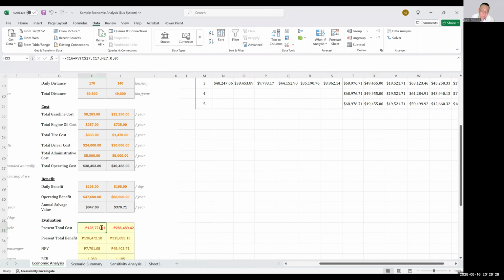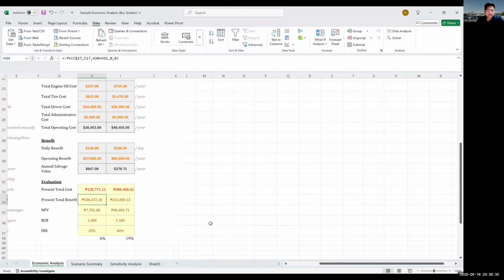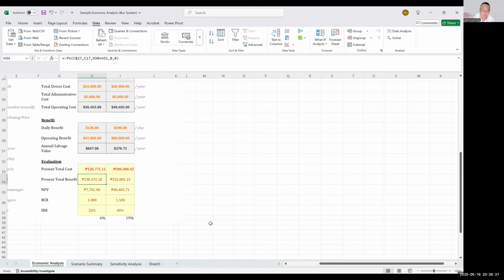So you can select which one you want, either in present value. Anyway, the result is the same. But maybe the way to compute is more complex. Yes, sir.